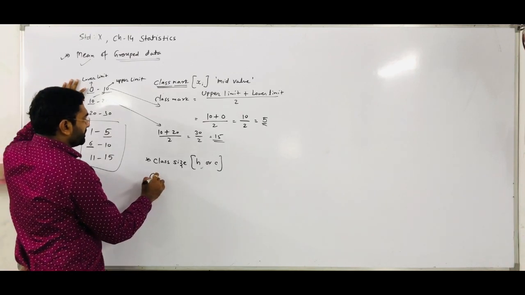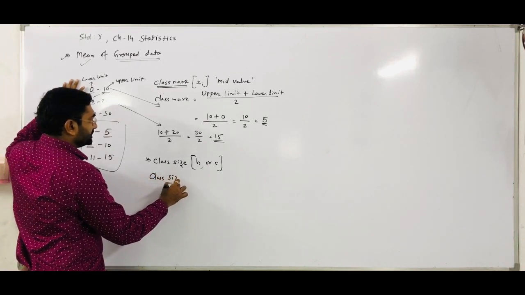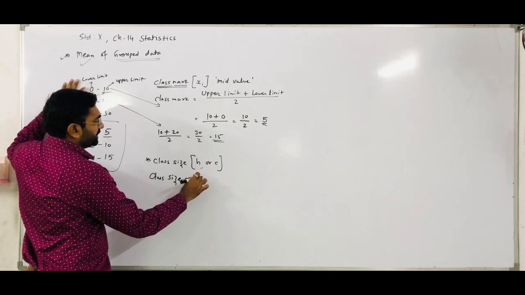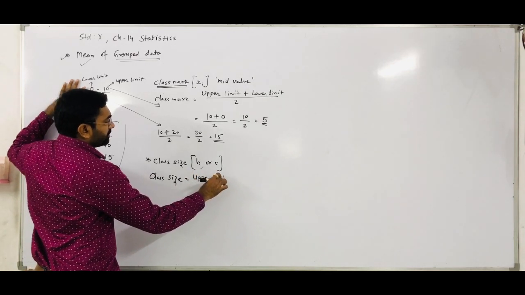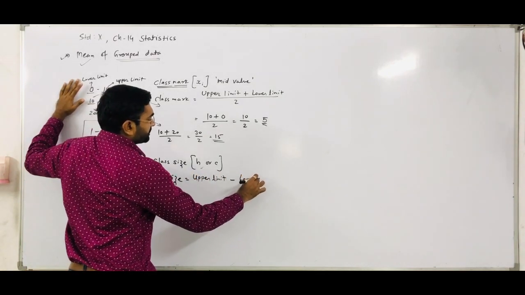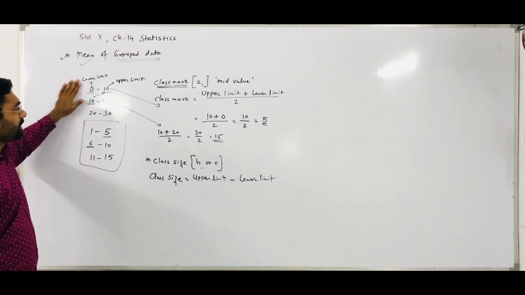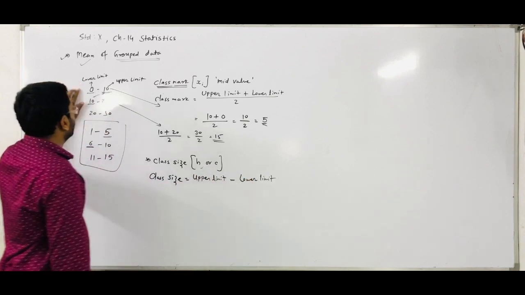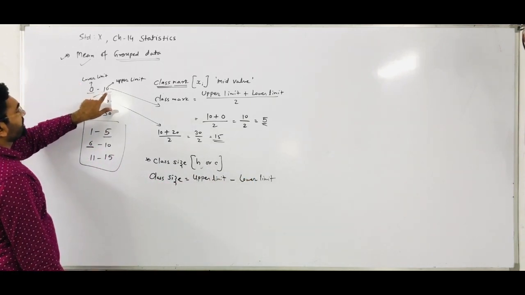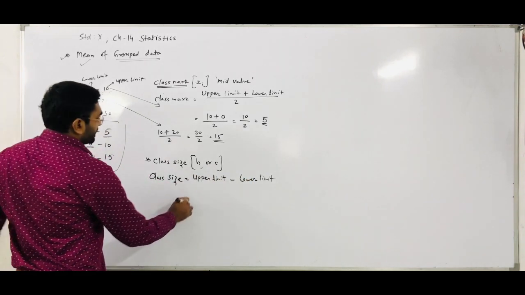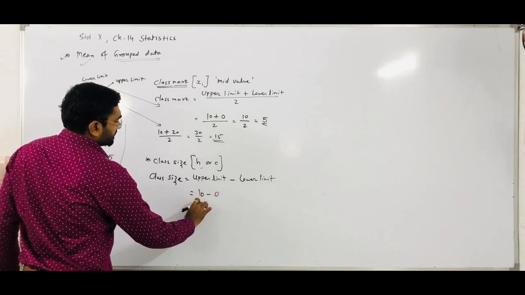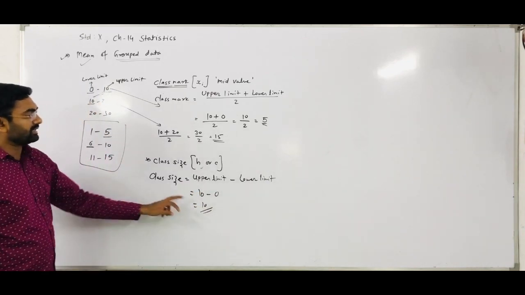Then you can find the class size as upper limit minus lower limit. For this class, you observe the upper limit is 10 and the lower limit is 0. 10 minus 0, so what do we get? 10. 10 is the class size.